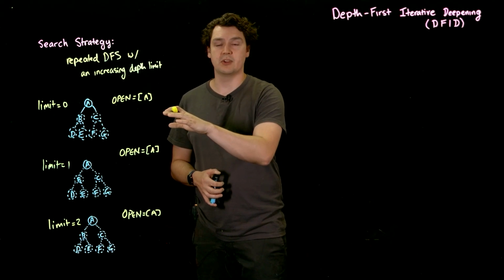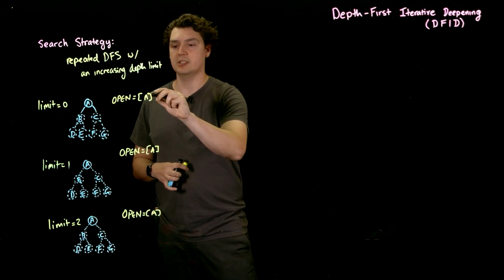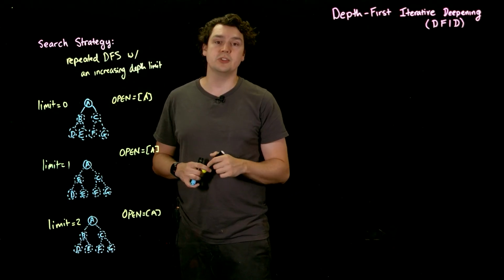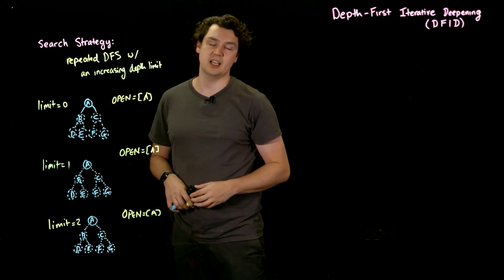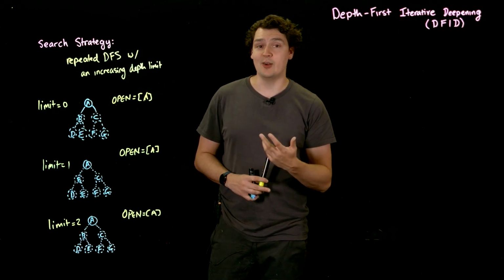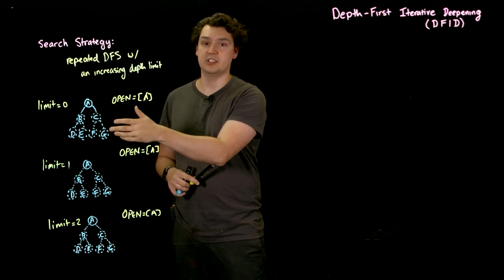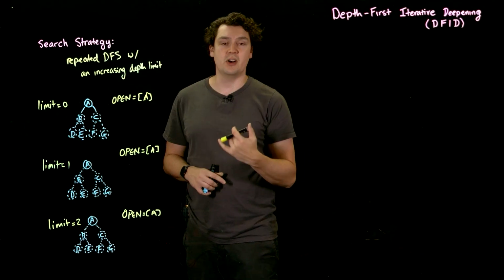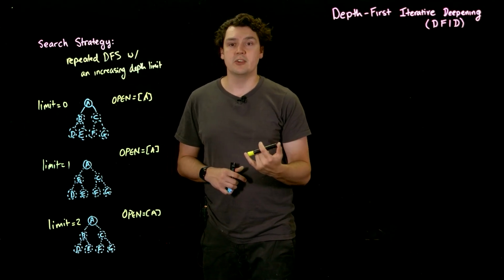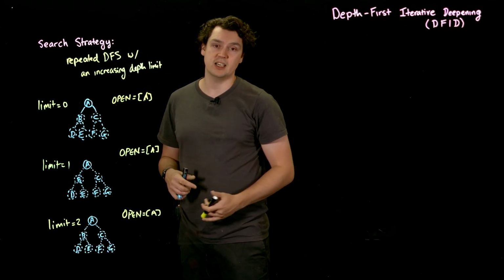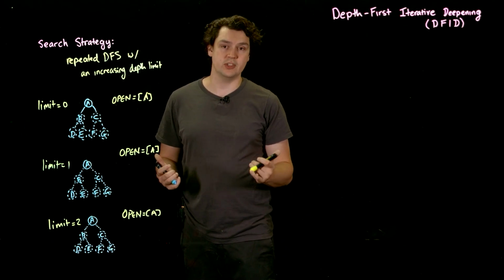In the very first iteration of the algorithm, we have the root node, we expand the root node, and we go to generate its children, B and C, as we usually do. However, we have imposed a depth limit of 0. So we find both B and C, we go to generate them, but we say, hey, your depth of 1 is greater than our current limit, so we do not generate these children.